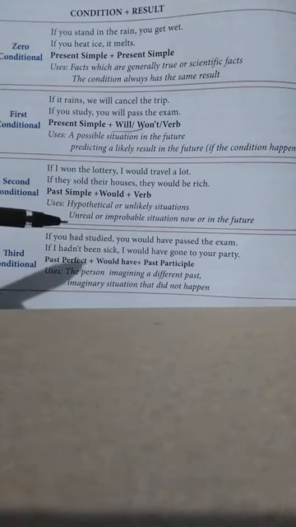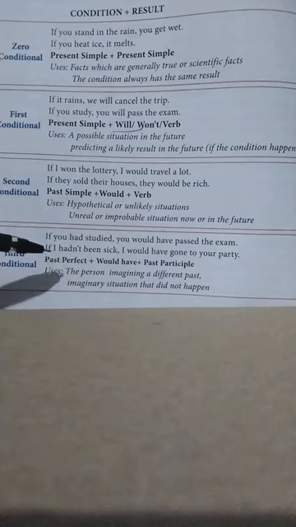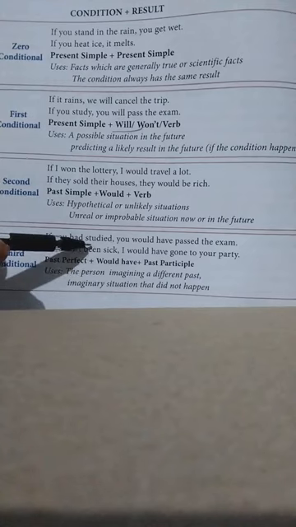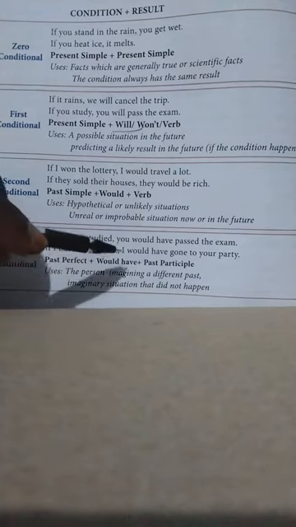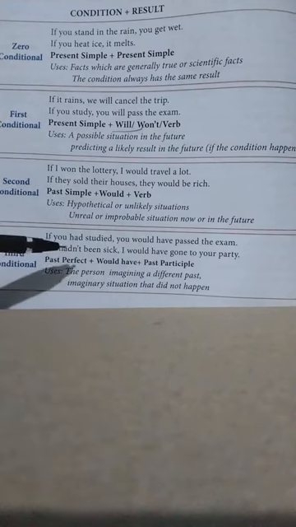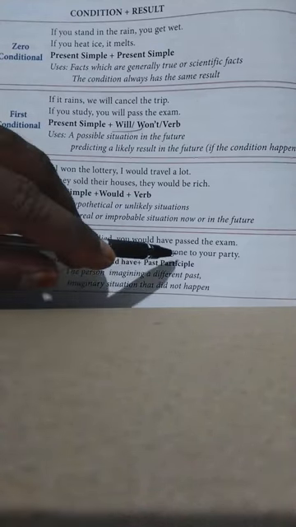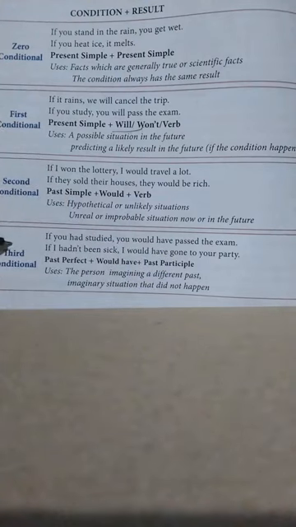So how will you differentiate? By using this word been, passive form, right? If I hadn't been sick, had plus PPV, then you will come across would have gone: go, went, gone. I would have gone to your party, right?